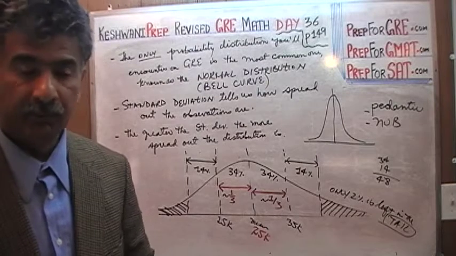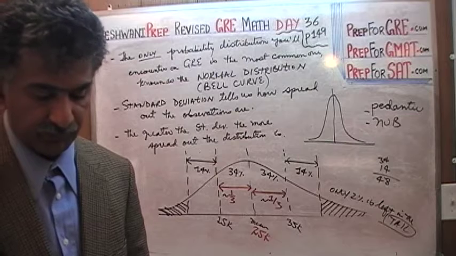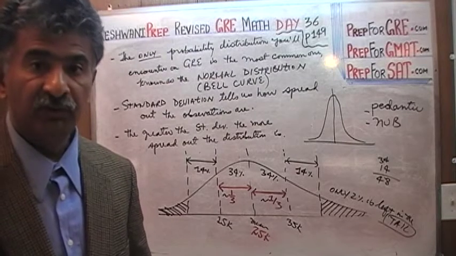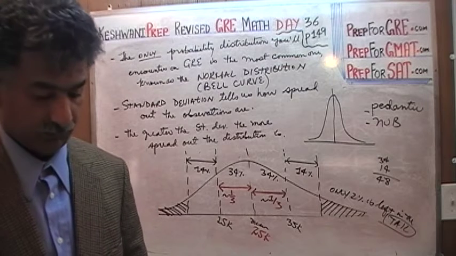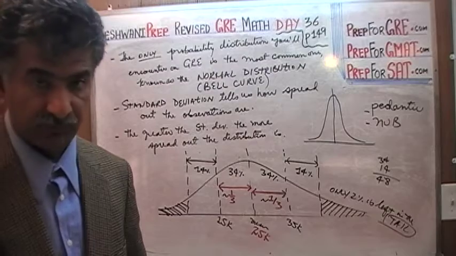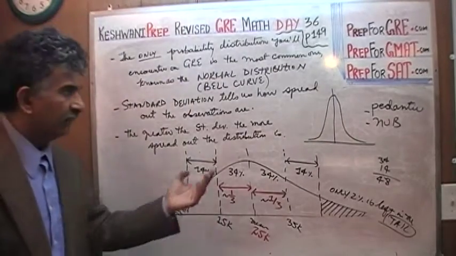I can't find it. Maybe I did cover it, maybe I did not. I cannot find which day we covered it. But that's what it means. So to be pedantic means to show off, to be ostentatious in your display of knowledge or learning, if you will. So that's what I was saying. This is how I used it in context.